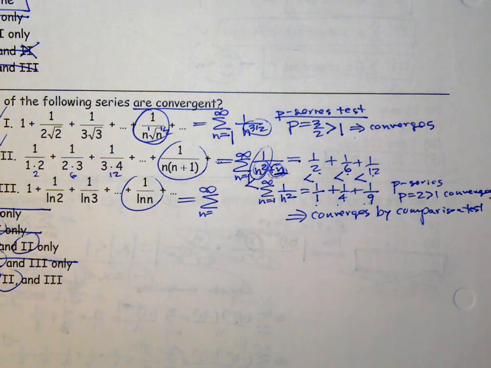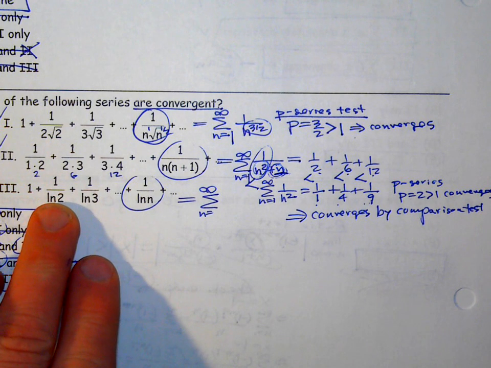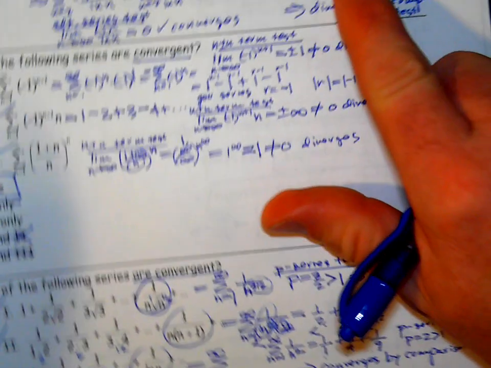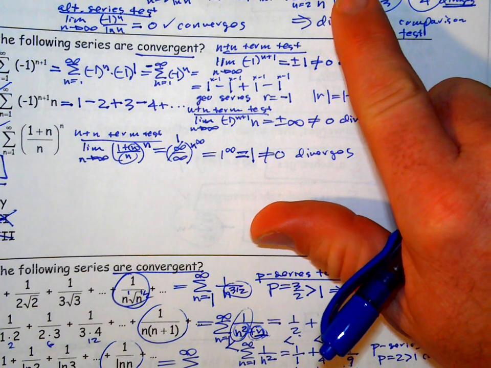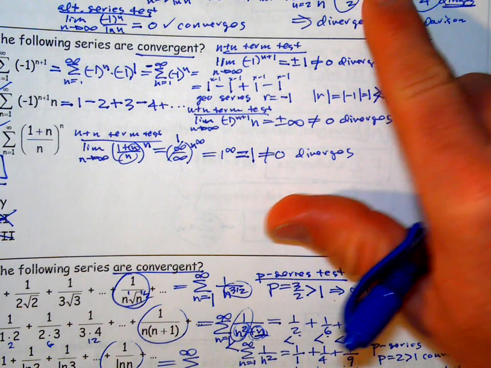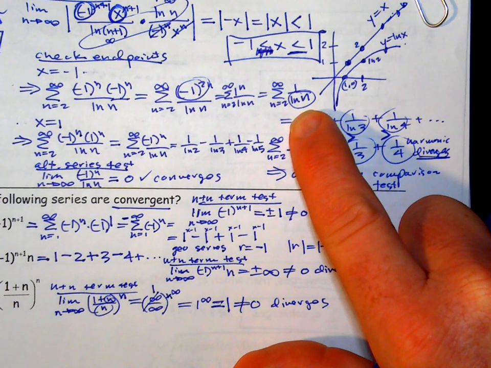I guess it's got to be C or E now, because there was only a 1, 2. So 3. I think we just did this one. Didn't we just do this one up on number 4 for one of the endpoints? 1 over natural log 2, 1 over natural log 3, 1 over natural log of n. Sorry. See, we just did that.